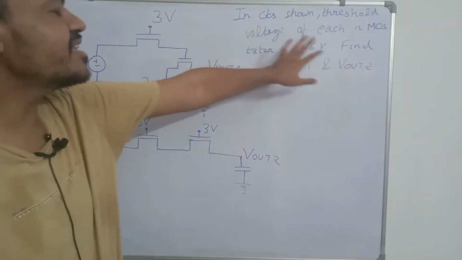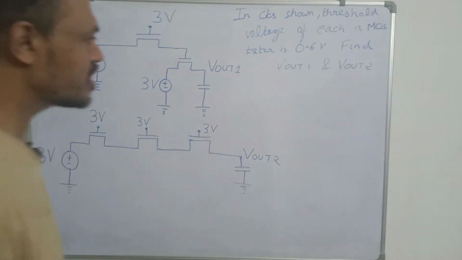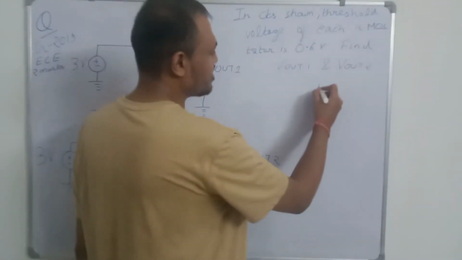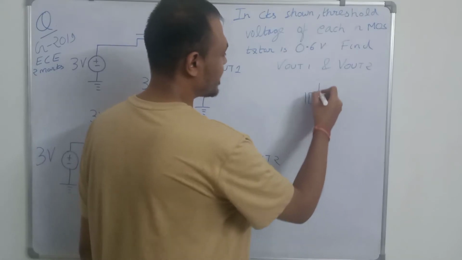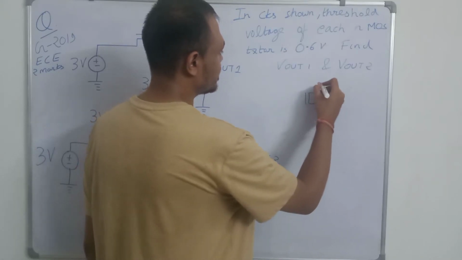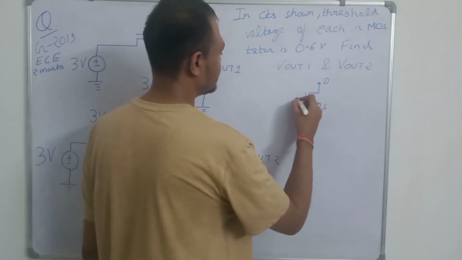And we are given that the threshold voltage of each NMOS transistor is 0.6 volt. So what happens is that in NMOS, the direction of current is from drain to source. This is the drain terminal, this is the source terminal, which is normally grounded, and this is the gate terminal.